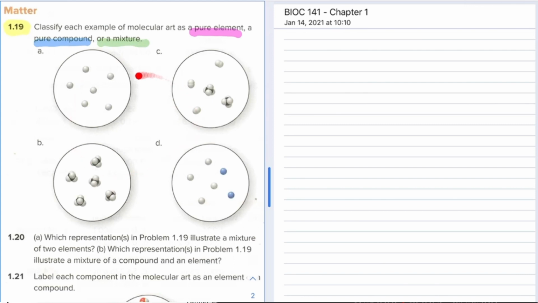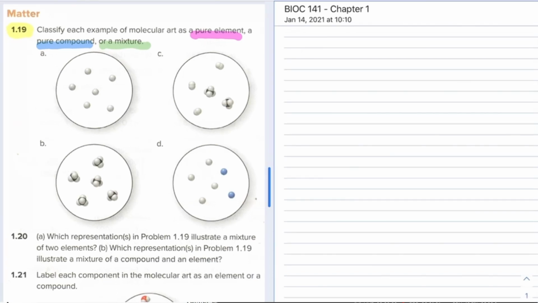Before we answer this question, though, let's just understand what is inside these pictures. These little balls represent atoms. So let me write this over on the right hand side. This is number 19 we're looking at. Whenever you see pictures like this in the textbook with little particles, the balls are atoms.